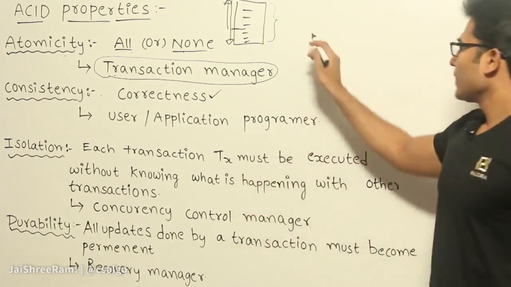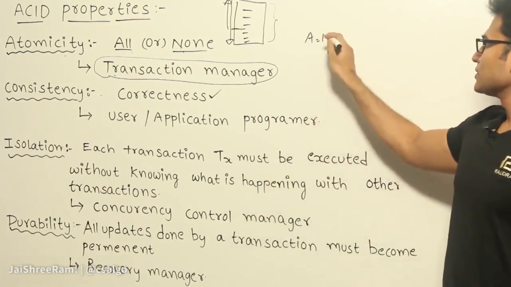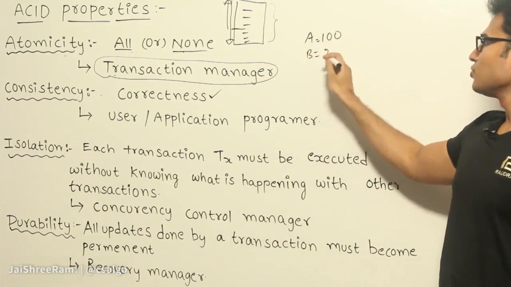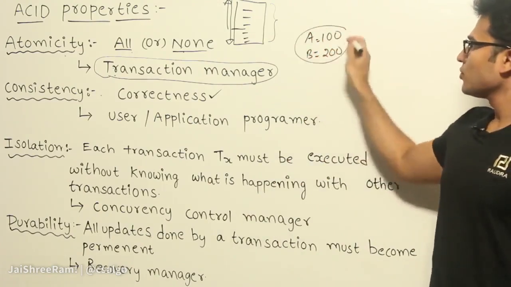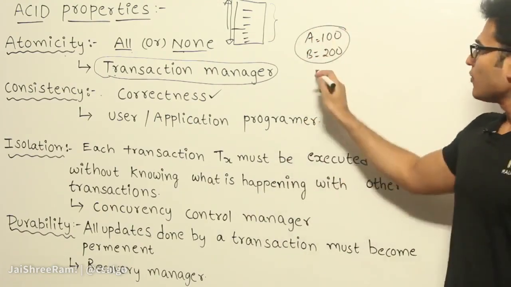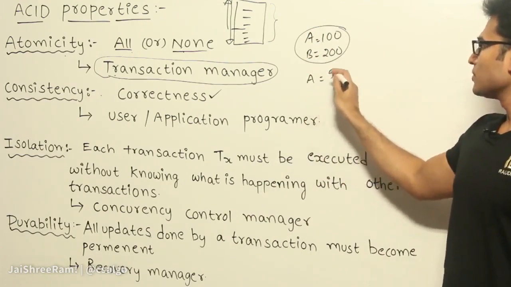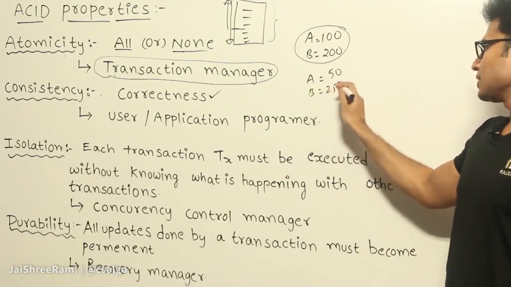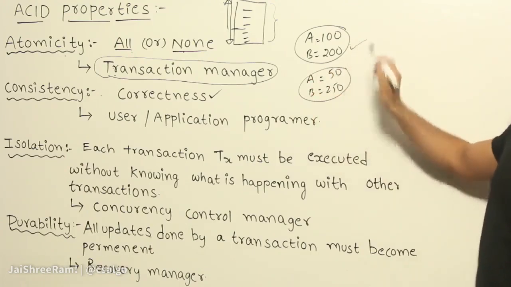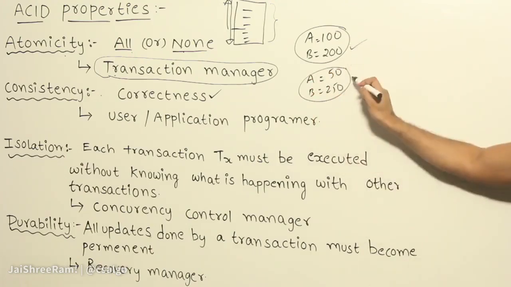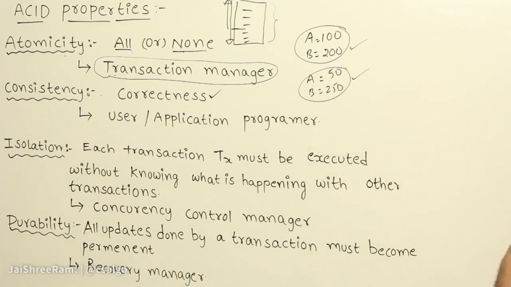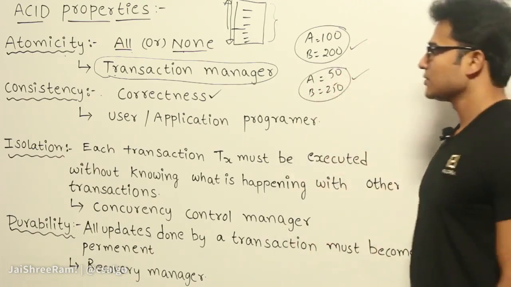Let us say A initially has 100 rupees and B has 200 rupees. If you add them both, it is 300 rupees in total. After transferring 50 rupees, A is going to be 50 and B is going to be 250, isn't it? It is 300 before you start, and after you do it also, the total has to be 300. That kind of consistency should be there.